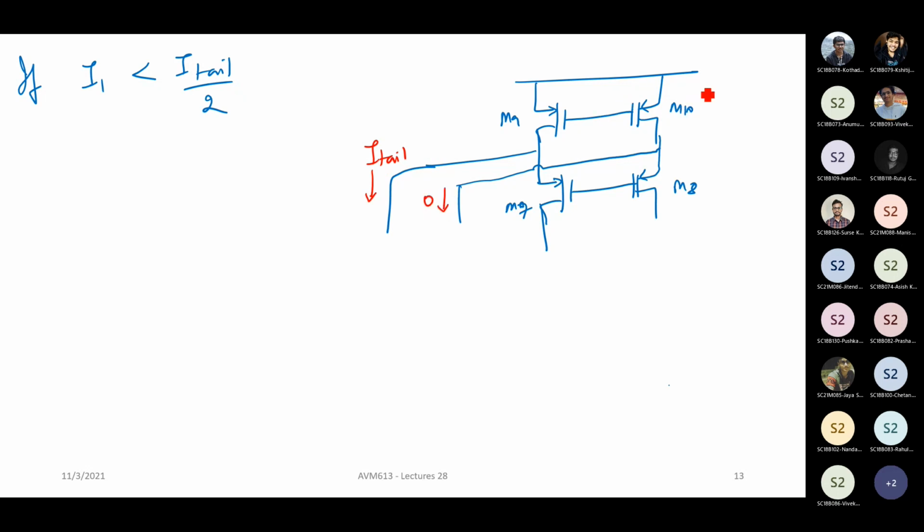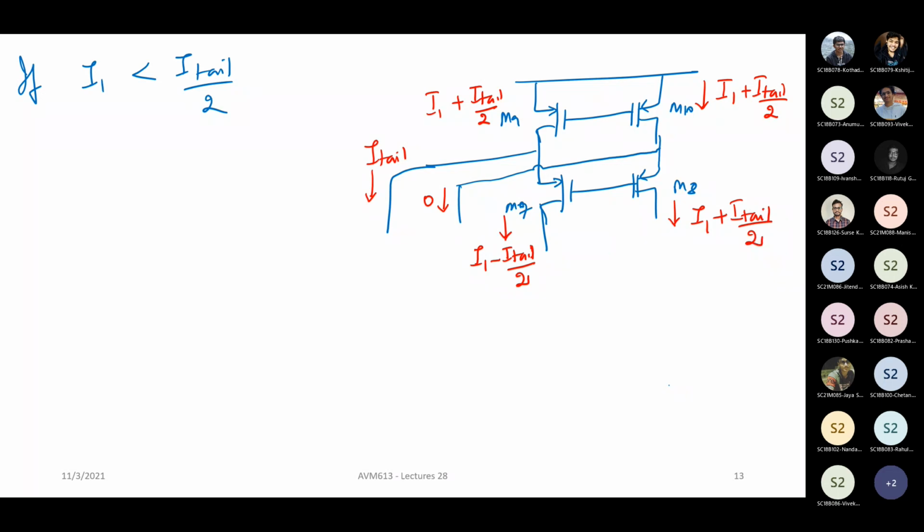Whereas what is generated in both sides is I1 plus I tail divided by 2. So what is flowing here is basically I1 minus I tail divided by 2. And here, of course, nothing is robbed. It's not even taking the current it is supposed to take. So you're getting I1 plus I tail divided by 2.